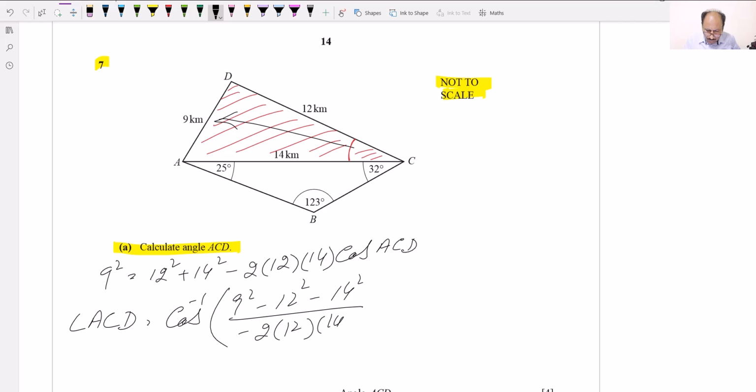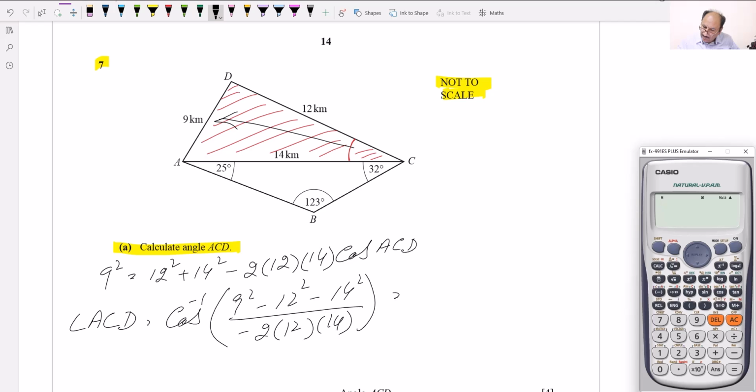We can find this angle using shift cos of the fraction 9 squared minus 12 squared minus 14 squared over minus 2 into 12. Wait, we are making a mistake. It will be over minus 2 into 12 and into 14, and the bracket will be closed.